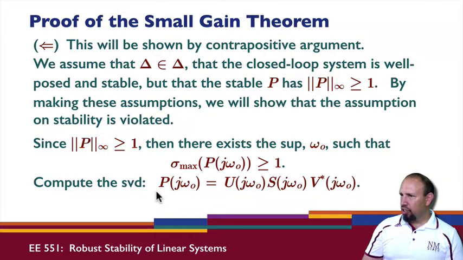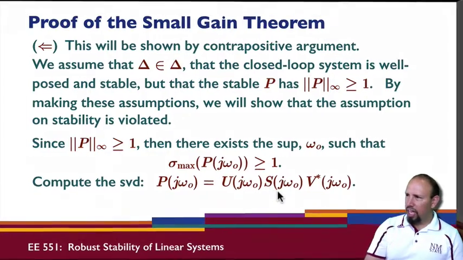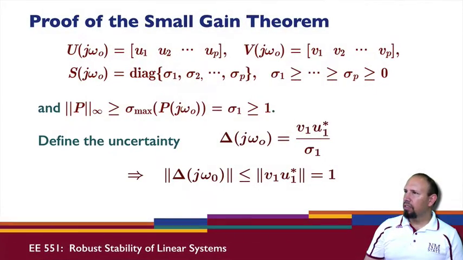Okay, and so if we look at a singular value decomposition of the P at that frequency, we have a U. So U and V adjoint are both unitary matrices. This is going to be a matrix of singular values, diagonal.